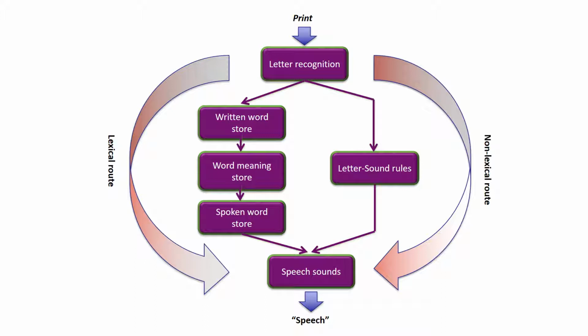And we use information about the things going in and the things coming out to try and understand what's going on inside the mind or inside this model. And in different types of dyslexia, different parts of this model can break down. But before we get into that, we're going to have a bit of a look at the different tests that you can use to assess this.